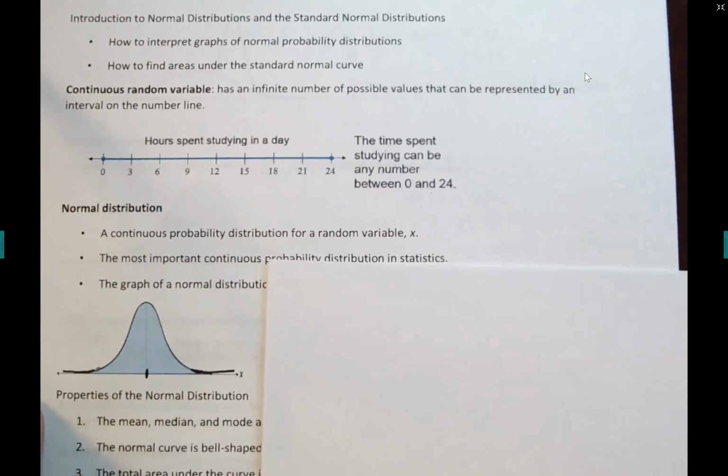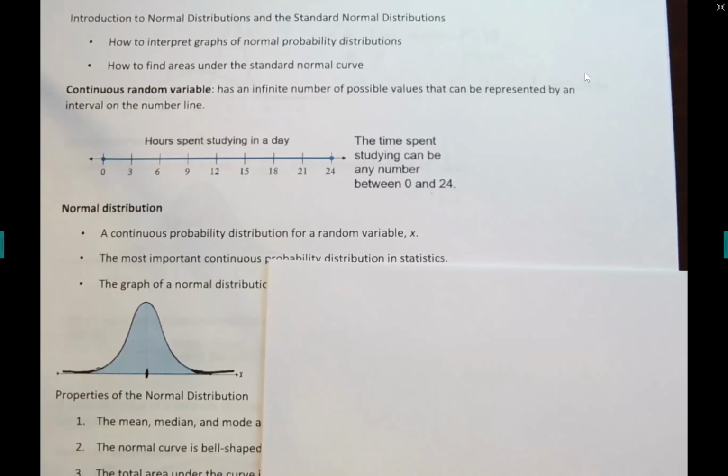There is a tail toward the left. And 99.7% of the data fall within 3 standard deviations of the mean. 95% fall within 2 standard deviations. 68% of the data falls within 1 standard deviation. This is what I introduced in chapter 2. We talk a little bit about the bell-shaped curve.